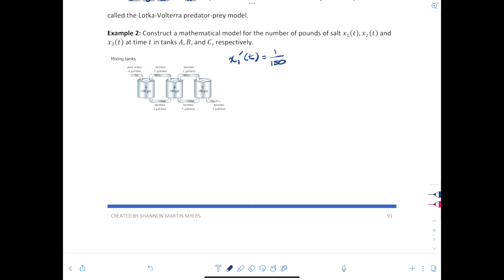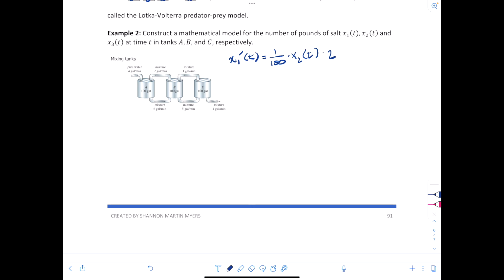We have x2 at t coming in, because you've got stuff coming in from B, and that is coming in at a rate of 2 gallons per minute. Good so far?